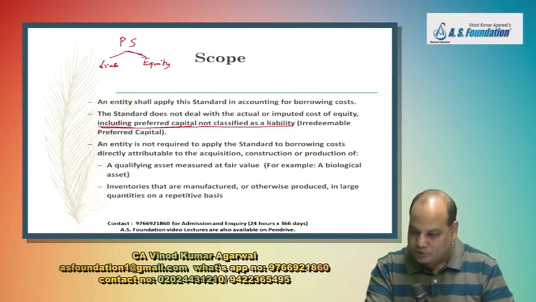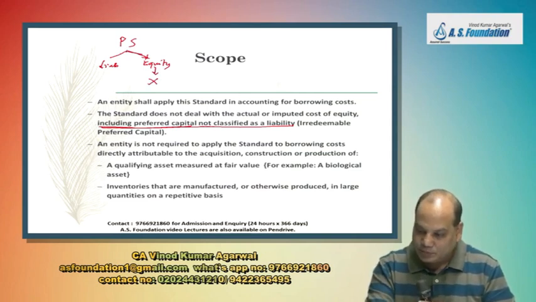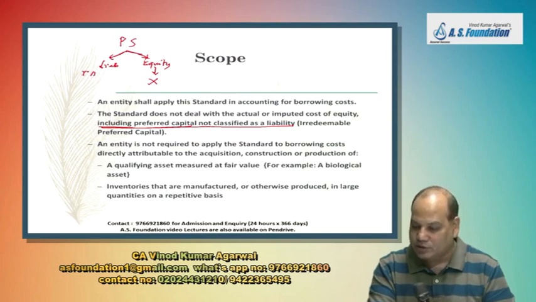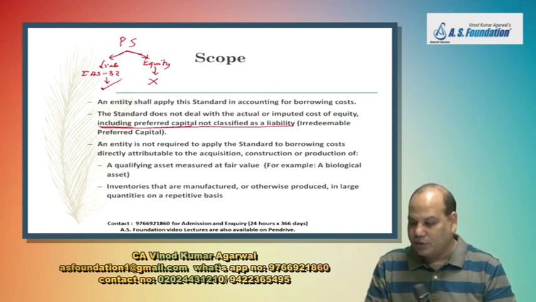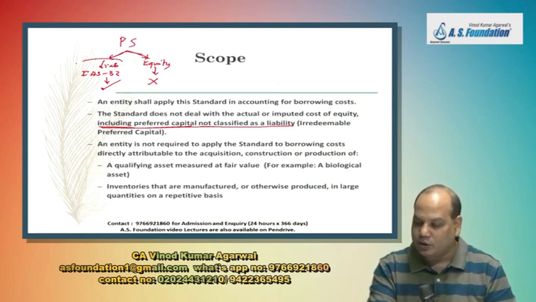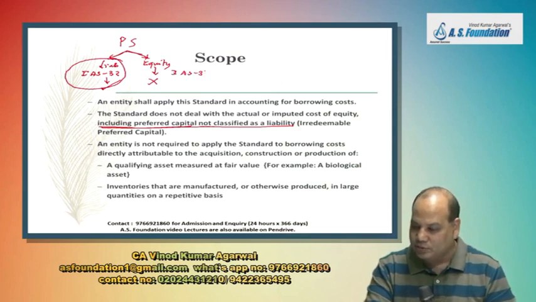If preference share is classified as equity, then the standard is not applicable. But if preference share is classified as liability as per IAS 32, then the standard is applicable. Is it right? When can preference share be classified as liability or equity? You will learn in detail in IAS 32.